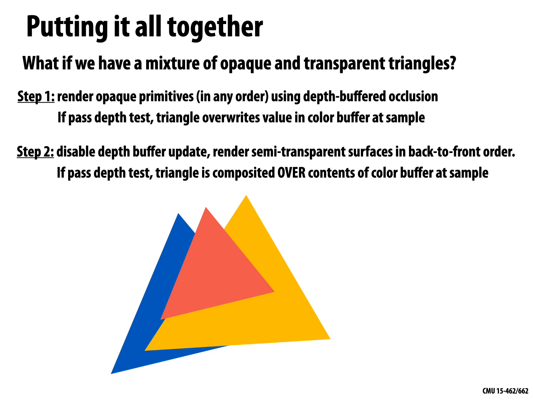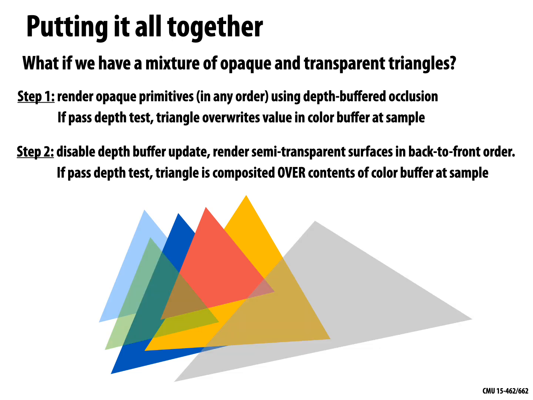To composite the color, we use our usual over operation, but the difference now is that we don't change the depth values at all. And as before, in order for this to work, we really have to sort the semi-transparent triangles from back to front order, which we can only do if they don't intersect each other. So that's the basic idea.